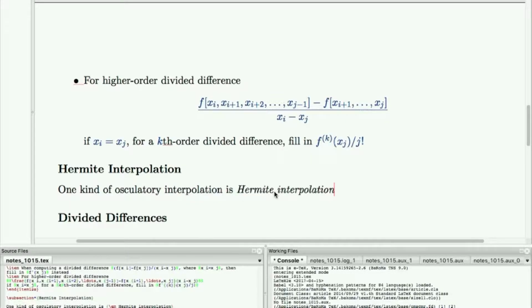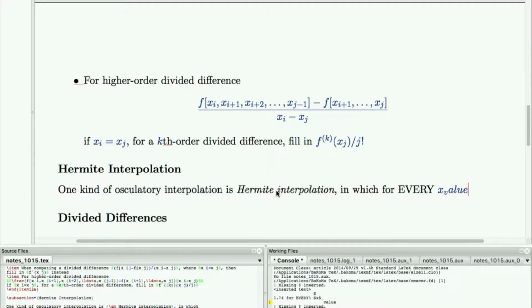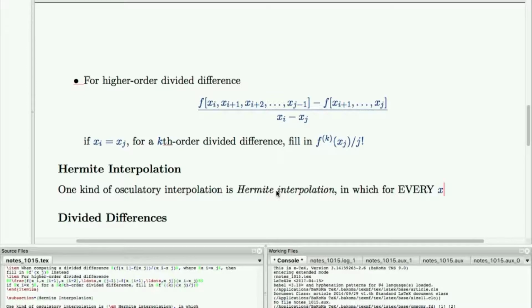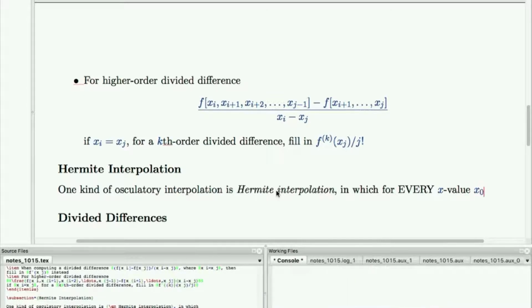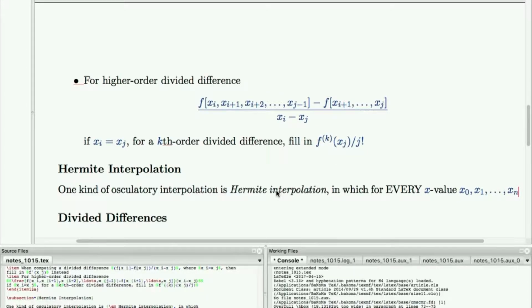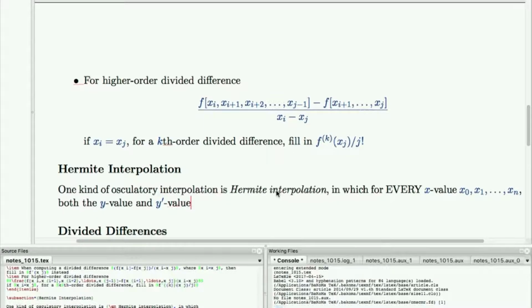It's Hermite interpolation, in which for every x value, x0, x1, all the way up to xn, both the y value and y prime value are specified. So you have n plus 1 x values, and those are distinct. But for each one of these x values, you have 2 conditions imposed.